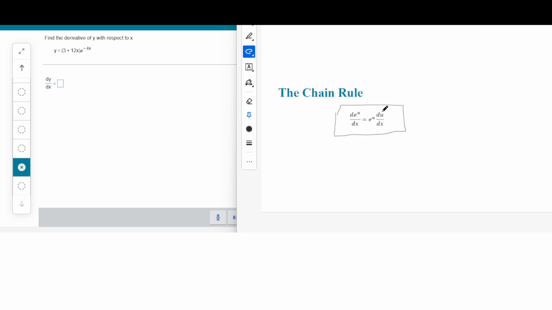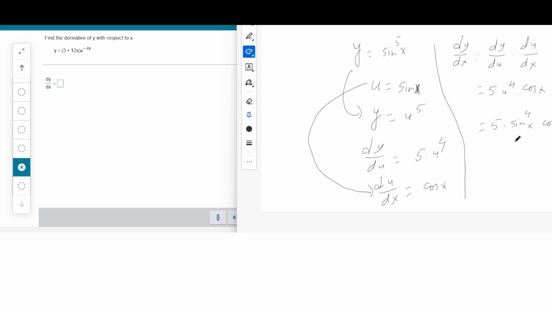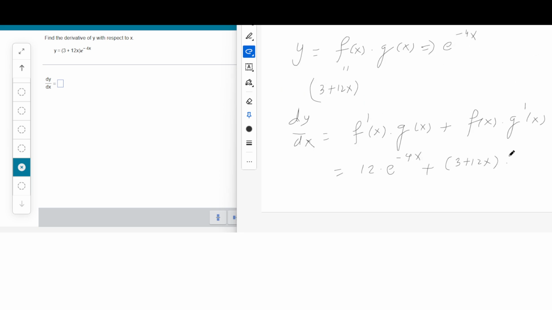If you go back and check, for e to the power negative 4x, the derivative of this function according to this rule is just copy that exponential function and find the derivative of the exponent, which in this case is negative 4x, which is negative 4. That's the derivative of the exponent. So we can use this fact here. It's e to the power negative 4x times negative 4.